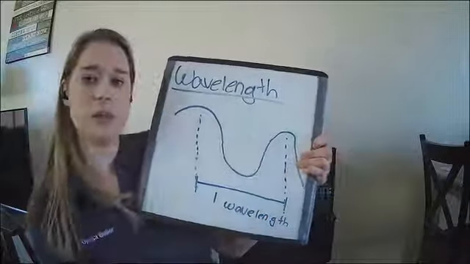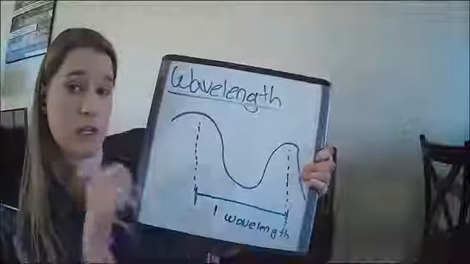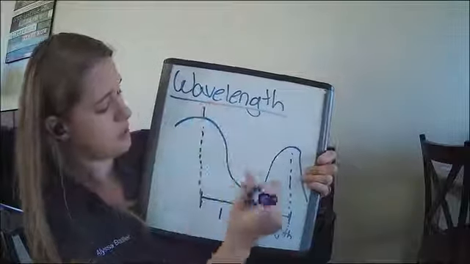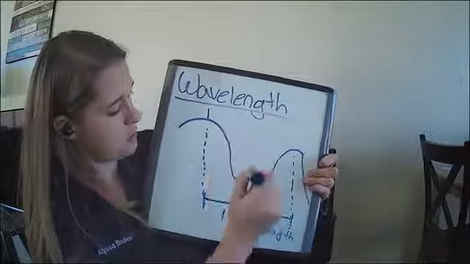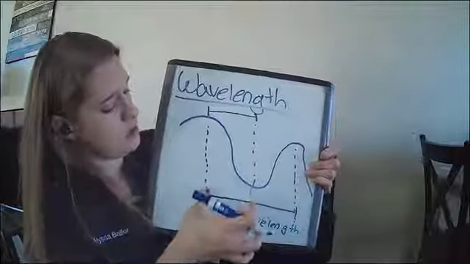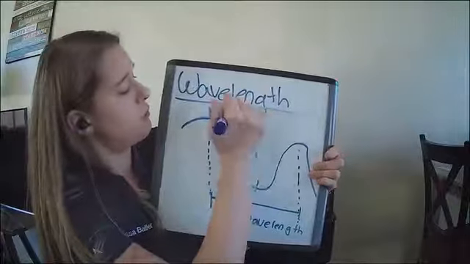And it's important to note that from the top of the peak down to the bottom of the peak is a half wavelength, because it is half of the full wavelength.